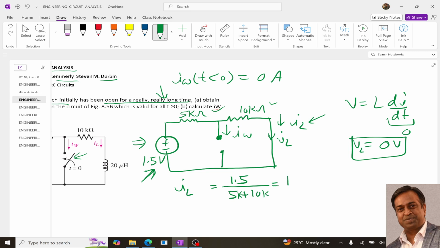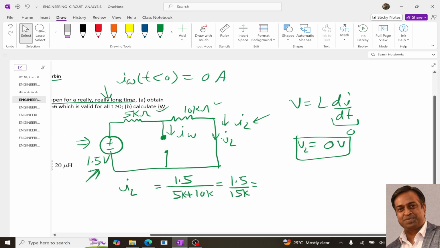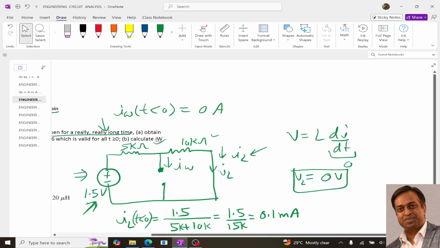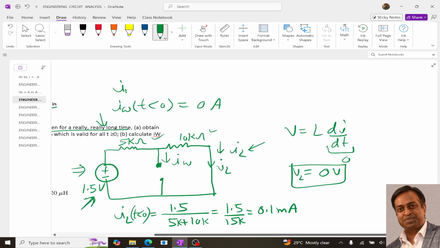So we get 1.5 upon 15 k, which is 0.1 milliamperes. So IL at t less than 0 is 0.1 milliampere.